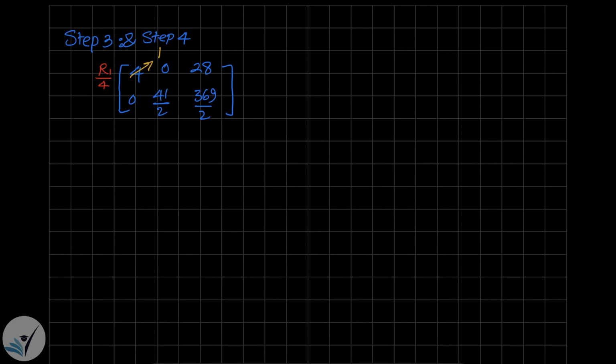In step 4, the goal is to transform this 41 over 2, this entry here, to 1. What I need to do is to multiply the second row by the reciprocal of this number. So 2 over 41 times the second row. If I apply these operations on the first and second row, I would get 1/4 times 4, 0, 1/4 times 28.